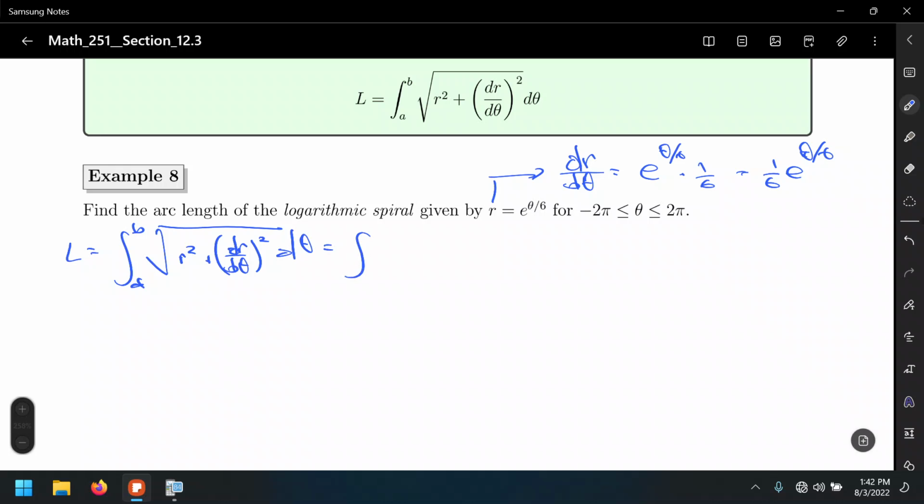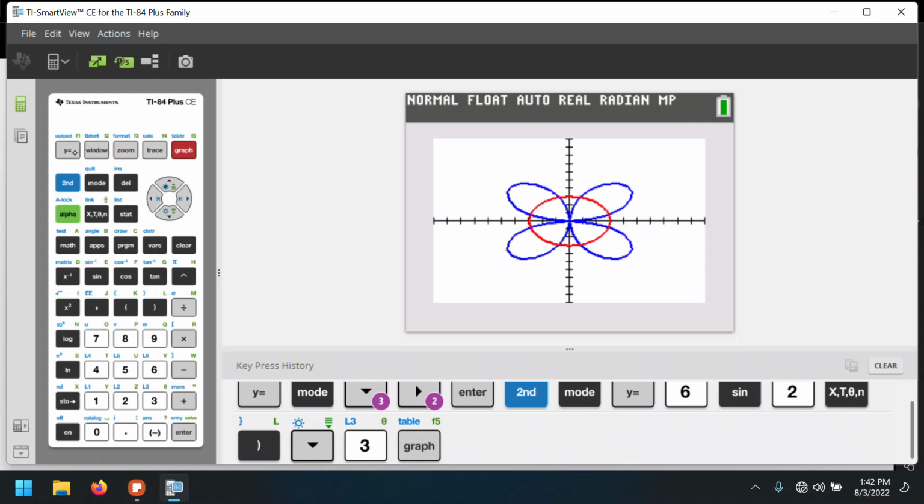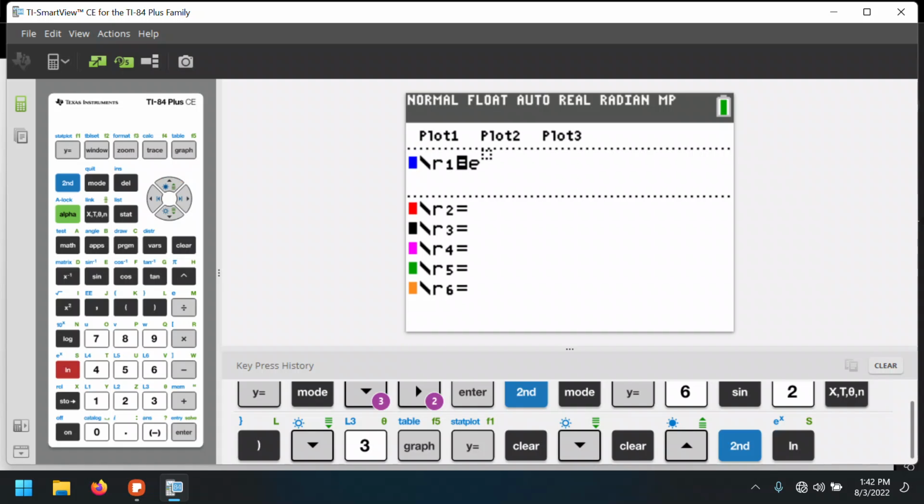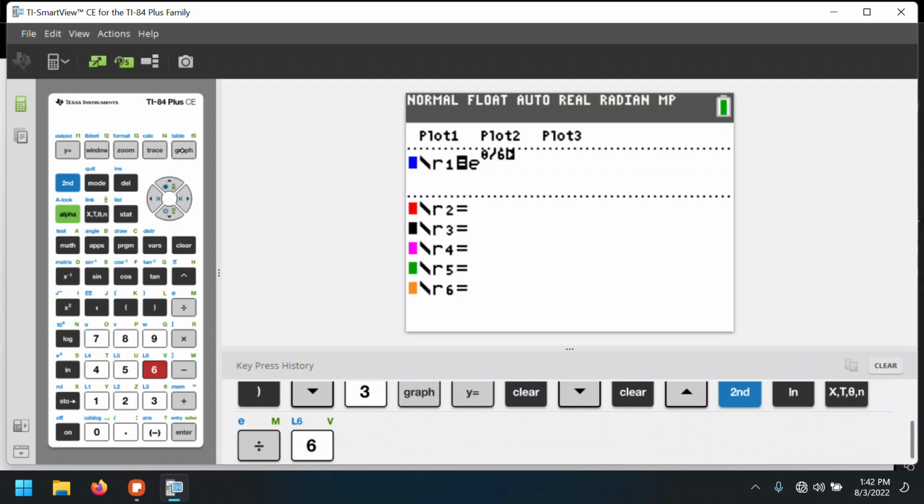And that's the integral from negative 2 pi to 2 pi. And you might be thinking, can we multiply by 2 and integrate from 0 to 2 pi? Not always, not in every case. So have a look at the graph of the function, e to the theta over 6.